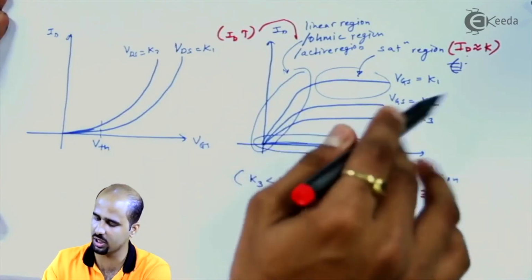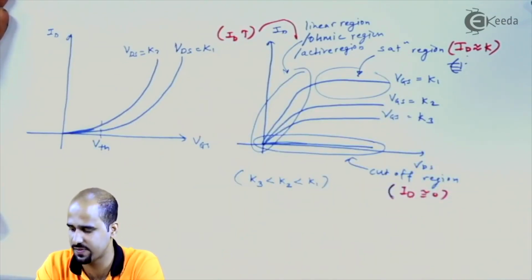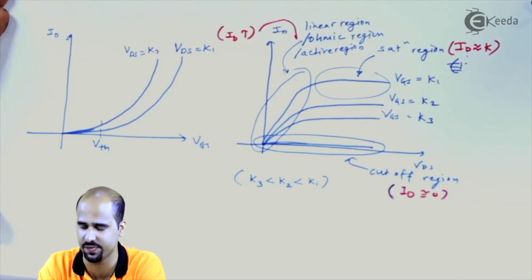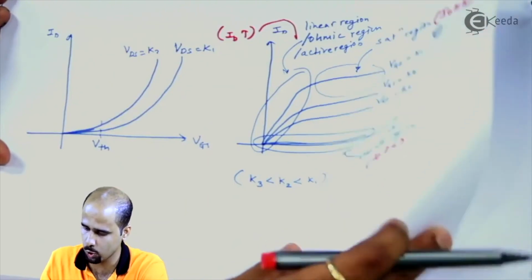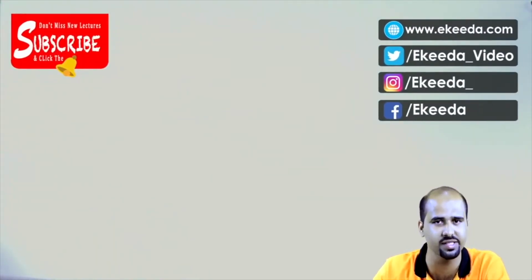So these are the linear, saturation and cutoff regions as far as the characteristics of the n-channel e-MOSFET are concerned. We will stop here, and in the next video lecture we will understand the DC and AC characteristics.